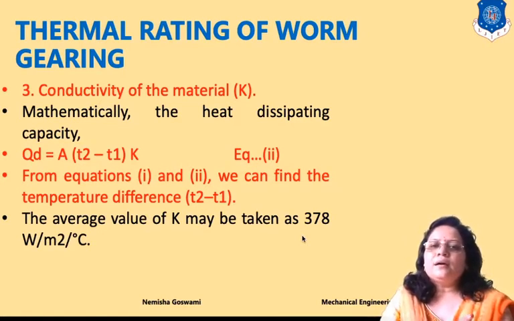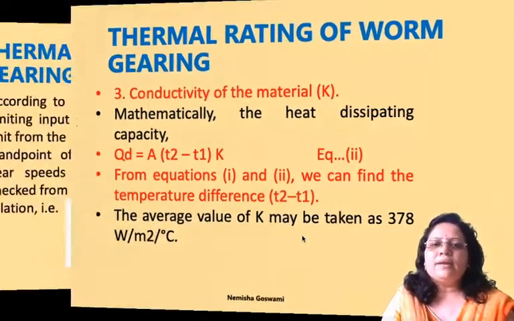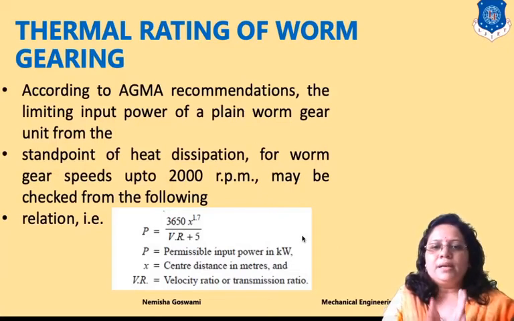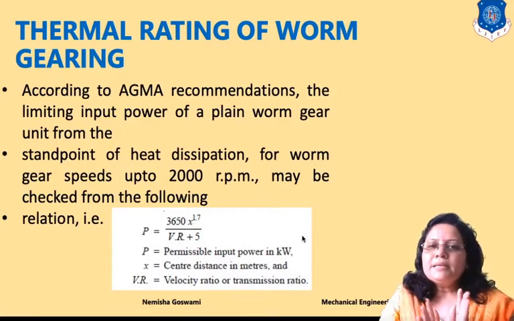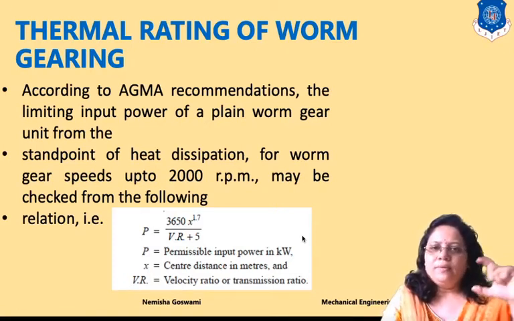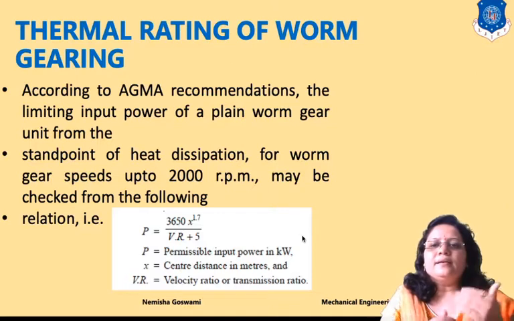If these parameters are not given, what will happen? There is another standard equation, from AGMA, between the permissible input power, or power transmission, the velocity ratio and the center distance of the worm and worm gear, when the gear speed is up to 2000 RPM.